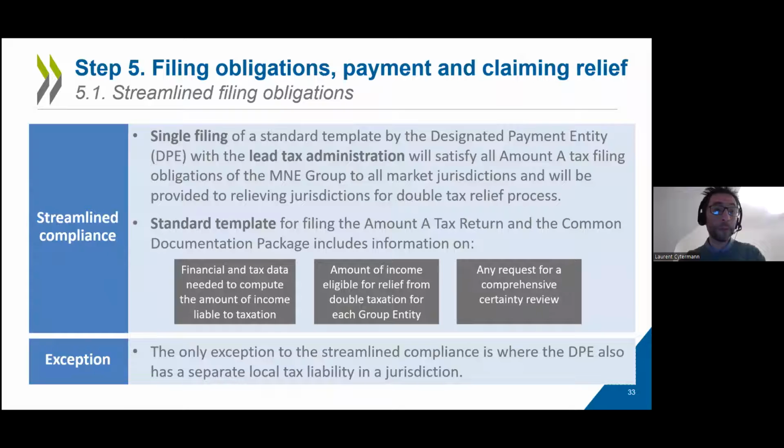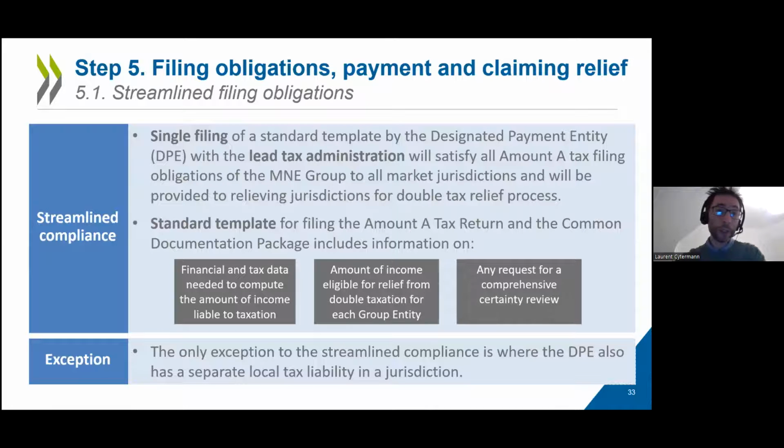And there will be, as I said, a single tax return, the Amount A tax return, and there will be a template that will be developed by the Conference of the Parties, but the MLC already outlines the main elements that you can see on the slide: the financial data, the data which is useful to compute relief, and also this is where you can put your request for a certainty review.